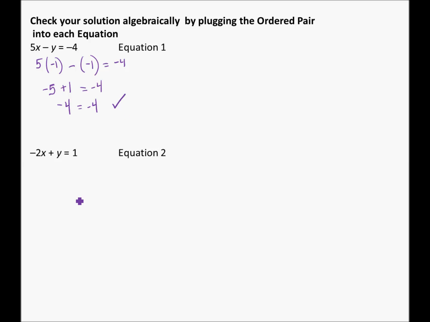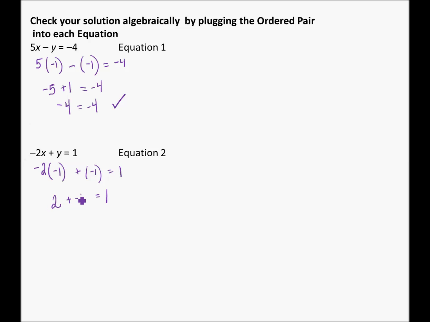Now, just because it makes the first equation true doesn't mean it's automatically true. I also have to check the second equation. So I plug in the same points, -2 times -1 plus -1 is equal to 1. -2 times -1 is 2. So I have 2 plus -1 is equal to 1.